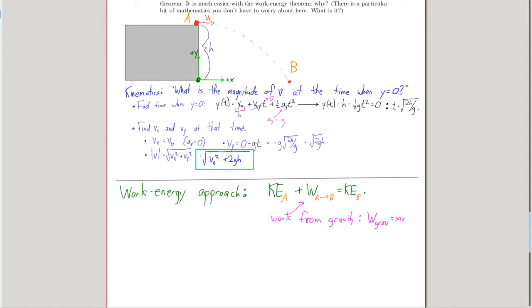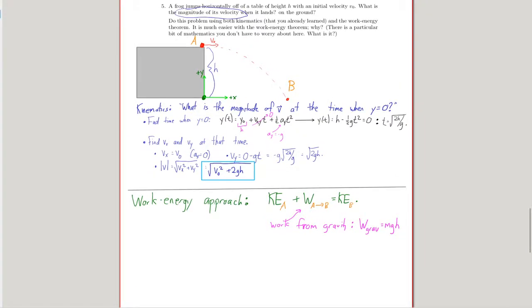So this is going to be the force of gravity times the distance moved downward, which is just h. So in this case, this is force times delta y.